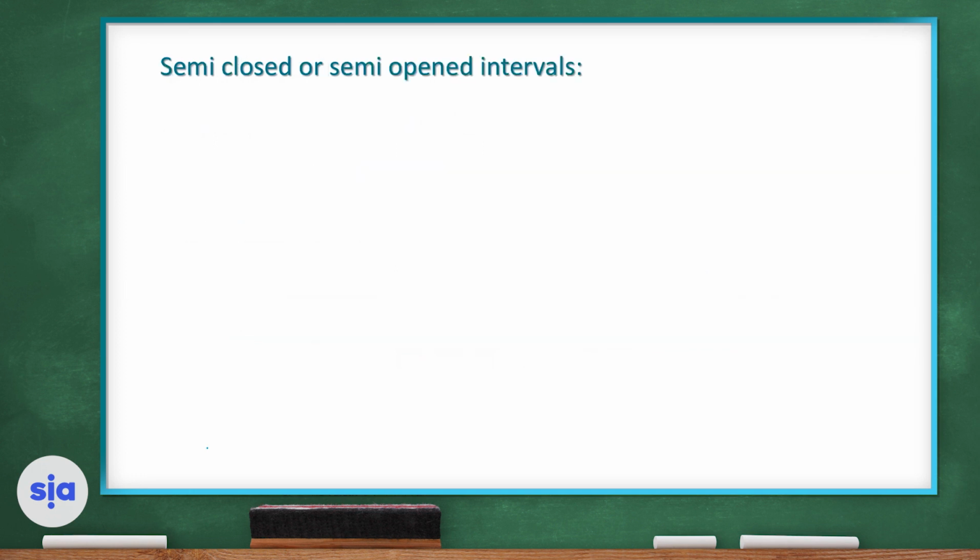Semi-closed or semi-opened intervals. If we say that x belongs to R, where x is greater than -3 and x is less than or equal to 2. Here, as you can see, x is greater than -3. We did not say x is greater than or equal to -3. We said only x is greater than -3, but we said that x is less than or equal to 2.